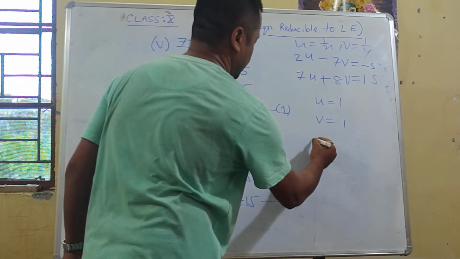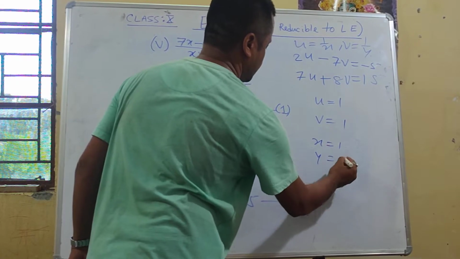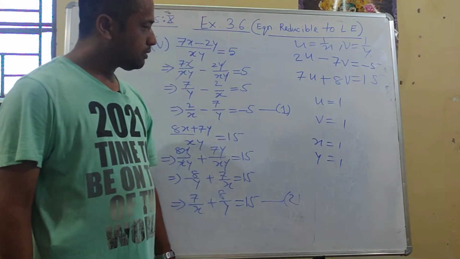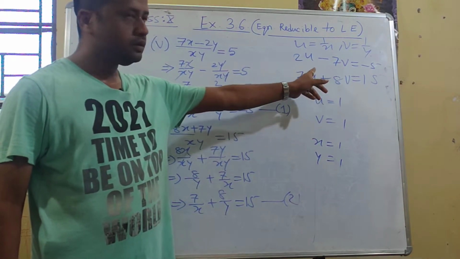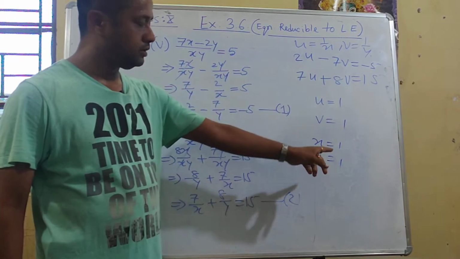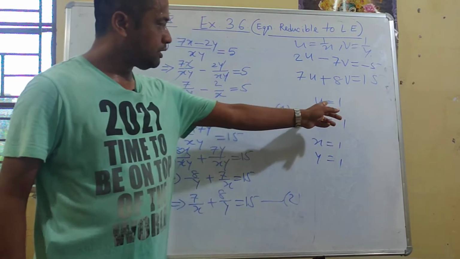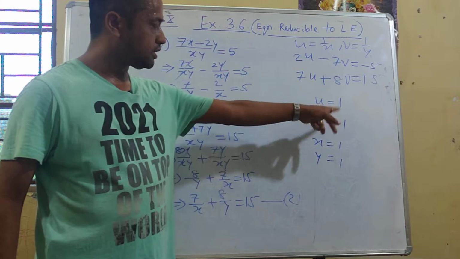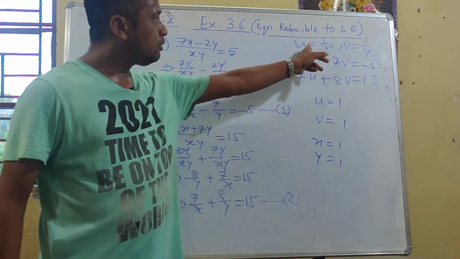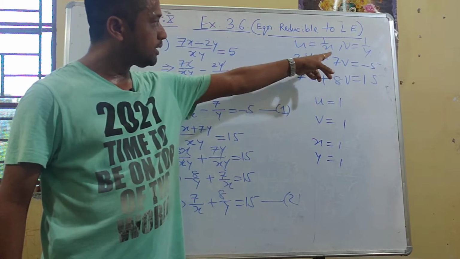So u means 1 by x is equal to 1, that is x is equal to 1, and v is equal to 1 means 1 by y is equal to 1, that is y is equal to 1.